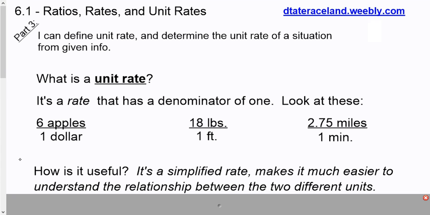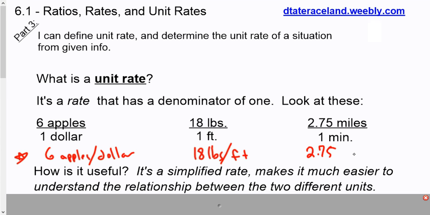Also, let's make a little note here, and I'm going to add this in here. I could have just written it as 6 apples slash dollar. That means it's 6 apples for $1. See, it's implied that it'd be a 1 there. Or I could say 18 pounds, the pounds goes with the top number, 18 slash feet. 18 pounds per foot. Or I could say 2.75, and I could put the slash, but this time I'm going to say per minute.